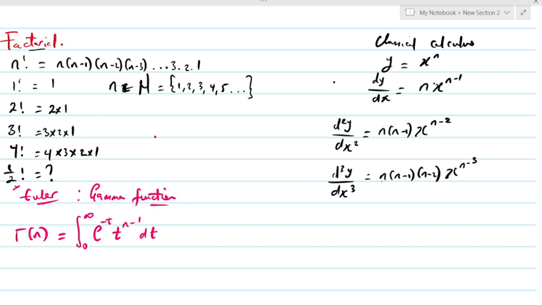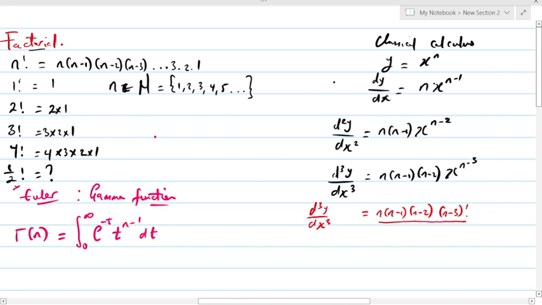Good. So now I want you to see something here. Just take a cool look at this. This third derivative, if I write it in this form, n times n minus 1, n minus 2, n minus 3 factorial, then everything over n minus 3 factorial, immediately so that I will not break the rule of mathematics, times x to the n minus 3.